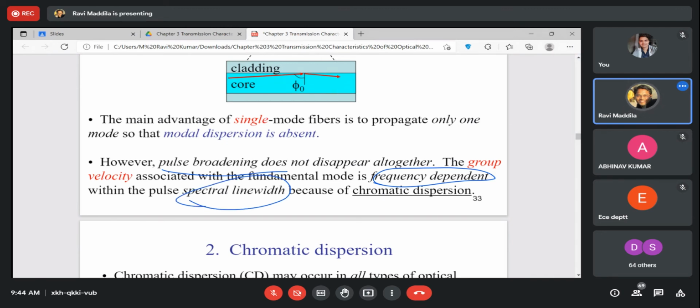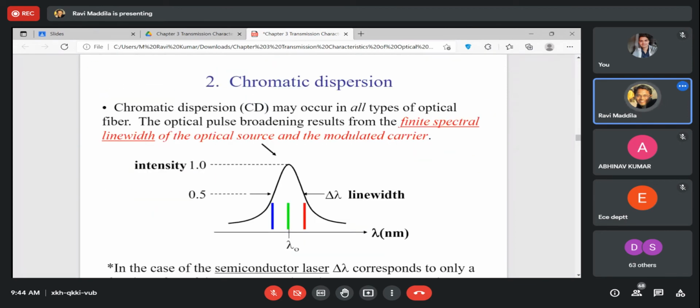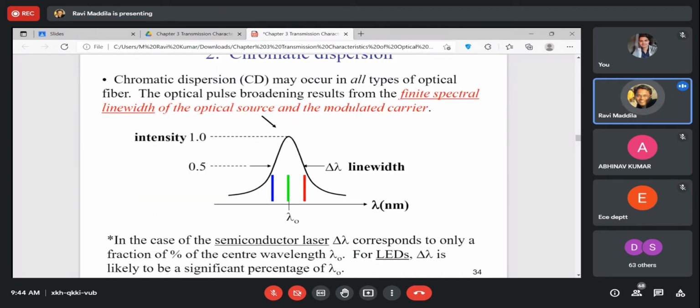And this is what is the line width. The spectral line width refers to the amount of wavelength spread that is present in an optical pulse. So this is what is a spectral line width. I believe you're all familiar with the half power points.